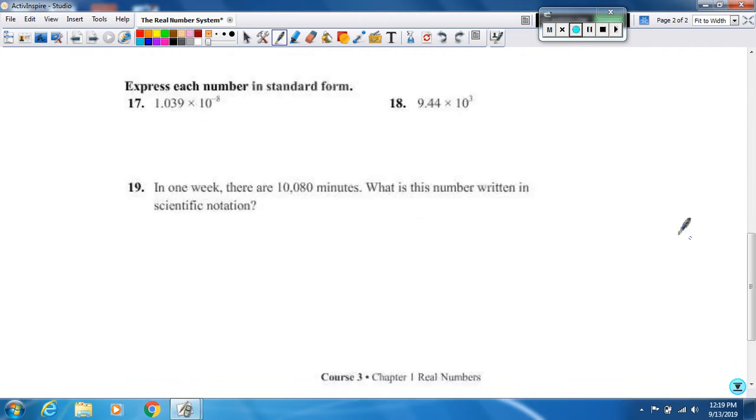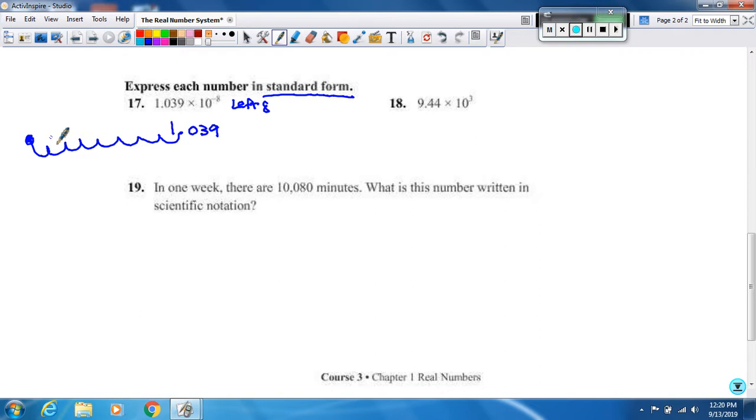Okay, express each number in standard form. So because this is a negative exponent, it means left 8. So I'm going to take this original number and move the decimal left 8 places. 1, 2, 3, 4, 5, 6, 7, 8.